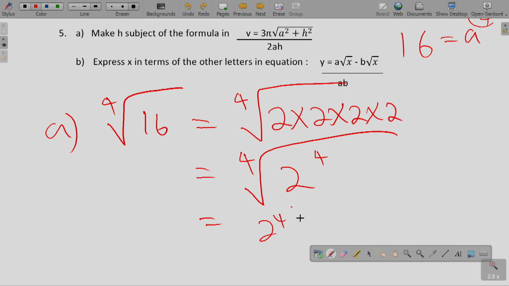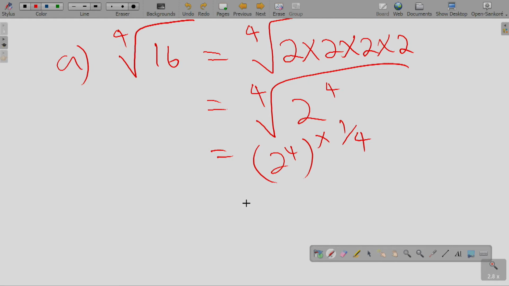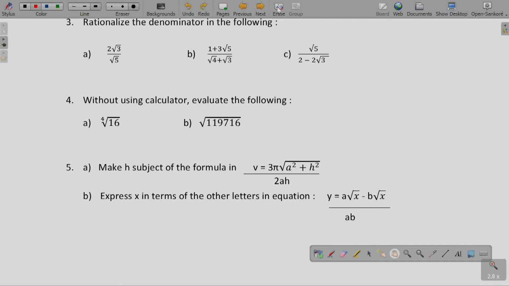And now, the power 1 over 4, if we combine it, we get 2. And so the answer is equal to 2. Therefore, the fourth root of 16 is equal to 2. Let's now move to question 4b.